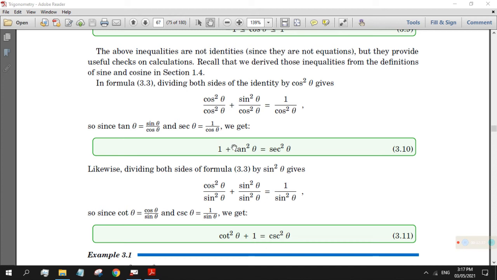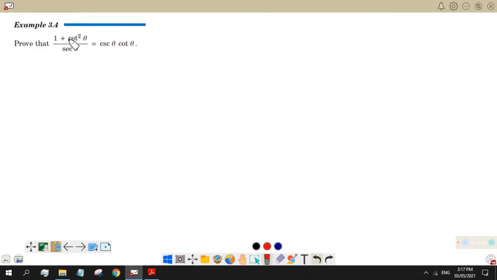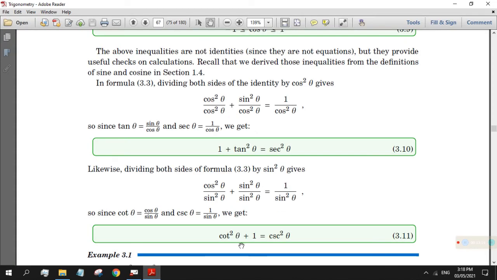Dun sa part wherein we multiplied both sides by cosine theta, and then, the other is when we multiplied both sides by the sine theta. So, dito, we have 1 plus cotangent squared theta over secant theta is equal to, saan equal si 1 plus cotangent squared theta? So, ito siya.